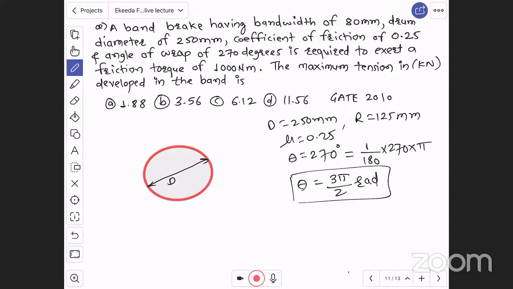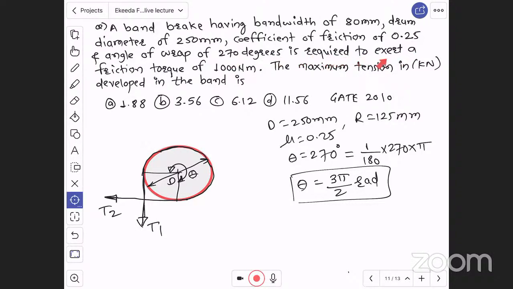If one side of the band is like this, then by rotating 270 degrees, the other side will go like this. Let us say this is the tight side T1, then this will be the loose side T2. And this angle of contact, theta, is 270 degrees.